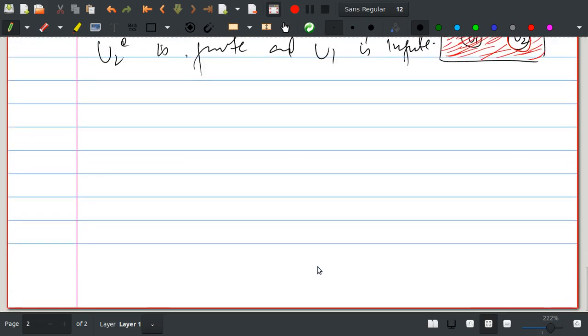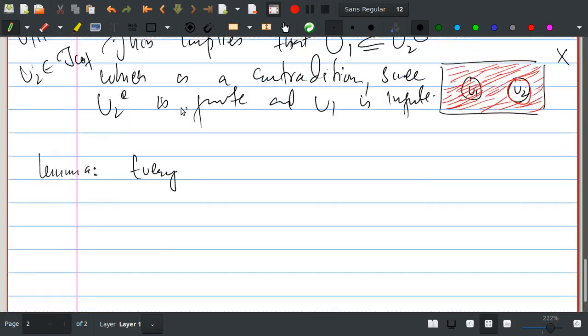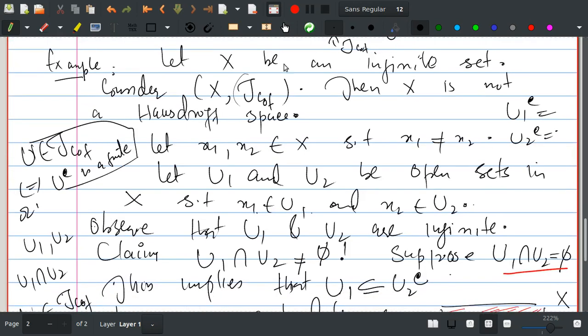Now let us prove a small result, so we have the following lemma. Note that in this example X has to be infinite.